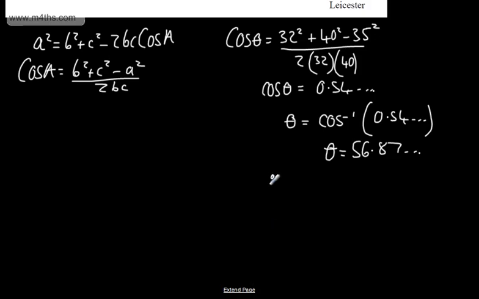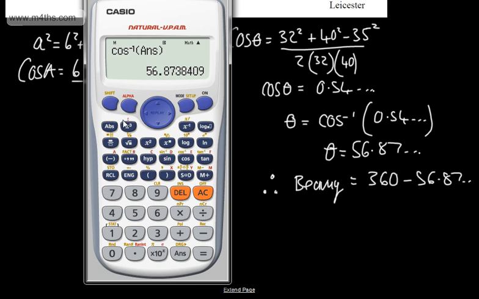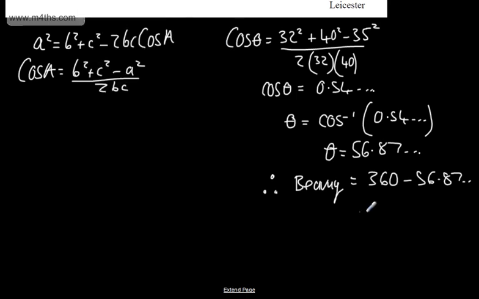Therefore the bearing will be equal now to 360 minus this 56.87, and we can do that in the calculator. So I'm just going to store this in case I make an error. Shift store A, 360 minus our answer, and we get 303 degrees. So 303 degrees, and that is correct to the nearest degree.